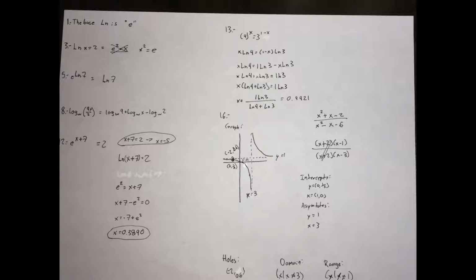Now in exercise number 4, which says change the logarithm expression to the equivalent expression involving an exponent. The function is natural logarithm of x equal to 2. Since we know that natural logarithms are always base E, we can express the function as e to the power of 2 equals x.